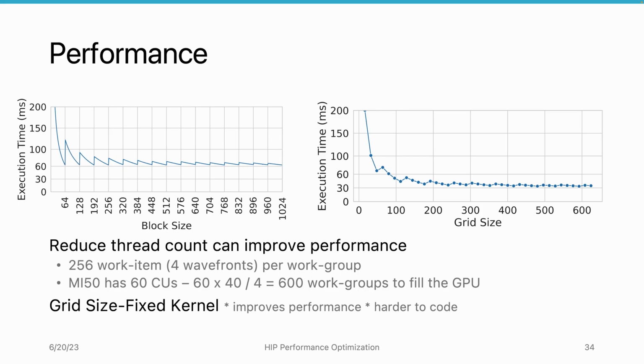At about 300 to 600 blocks, our performance becomes stable. We can pretty much fill the whole GPU and utilize all the computing power and the memory bandwidth of that GPU. As a summary, we can say this fixed grid size kernel can significantly improve the performance, but can be a little bit harder to code.